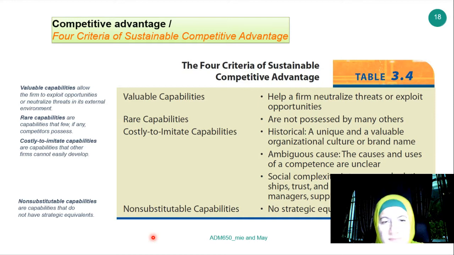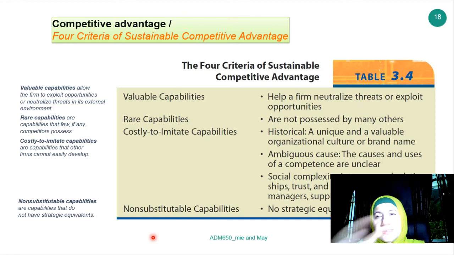Another example of costly to imitate capabilities is the working together of the various departments, from finance, human resource, R&D, and how they work together in harmony, so it's very difficult for others to imitate their capabilities.